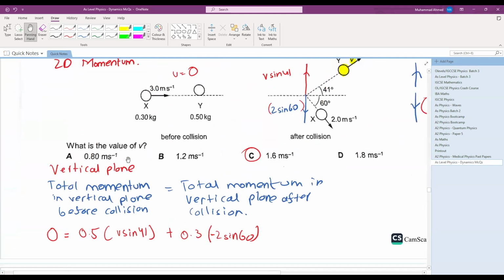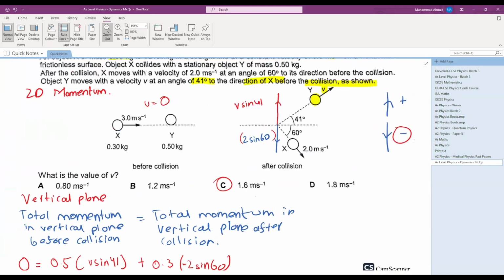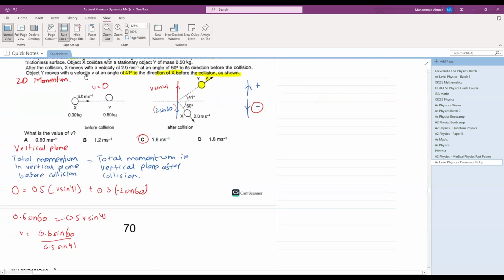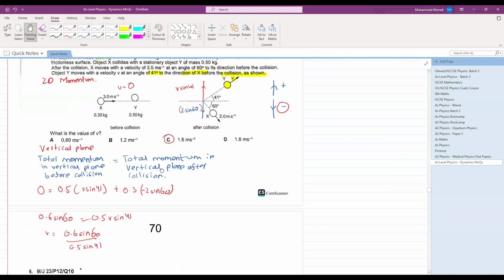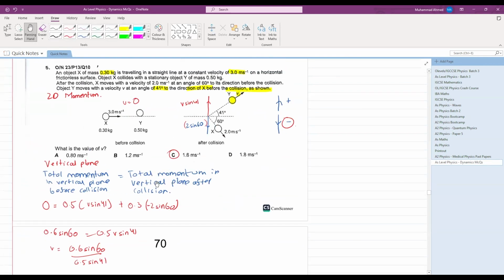So basically, what have I done? Let me zoom out a bit. I have simplified this question by considering only the vertical plane. And in the vertical plane, I have considered the total momentum before collision and total momentum after collision. Since before collision there are no vertical velocities, the total momentum in the vertical plane will also be zero.